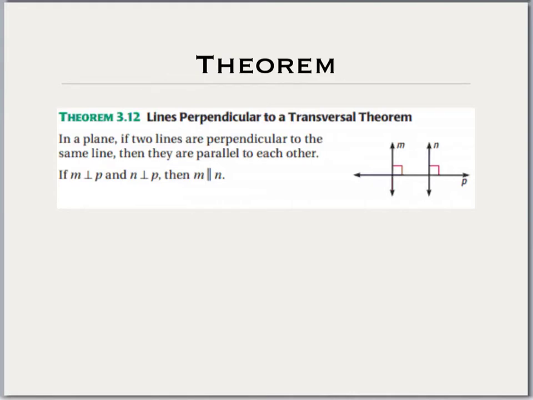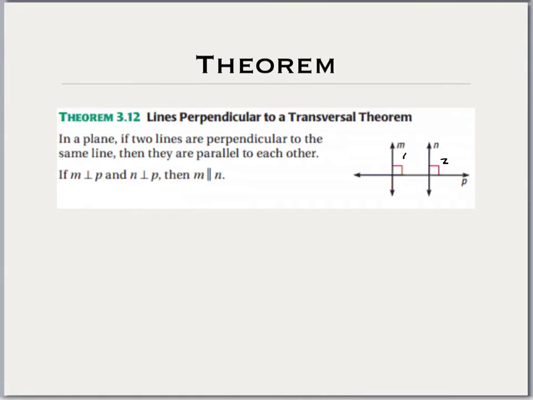It's going to be the lines perpendicular to a transversal theorem. This one is going to look just like the one we just did. If we've got two lines that are perpendicular to the same line, then they have to be parallel, and we're going to use the converse of the corresponding angles. So let's put some numbers in here. Let's say this is 1 and this is 2.